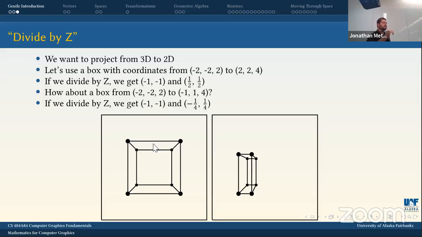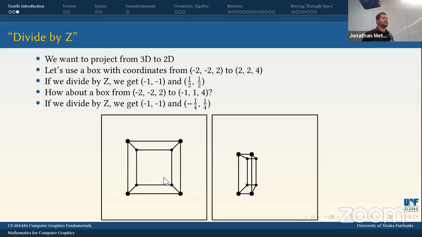No. Why do you say no? In some cases, but what about these lines over here, this line and this line, the lines going into the distance? Those aren't parallel anymore. They used to be parallel because it's a box, but now they're not. So we would not say that's an affine transformation.